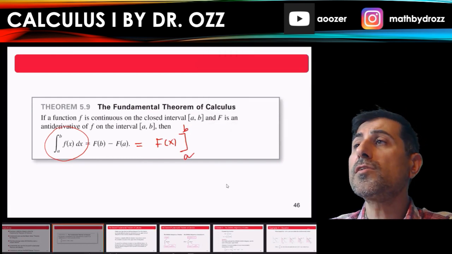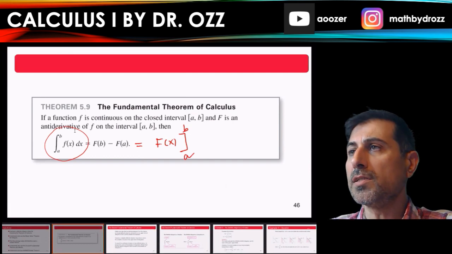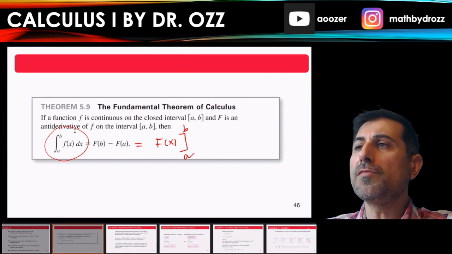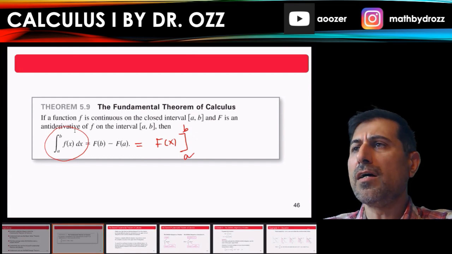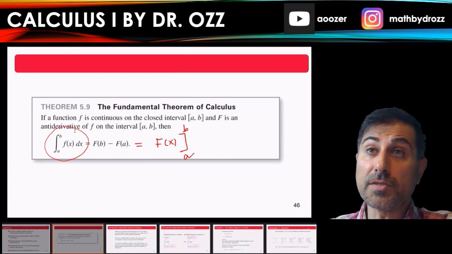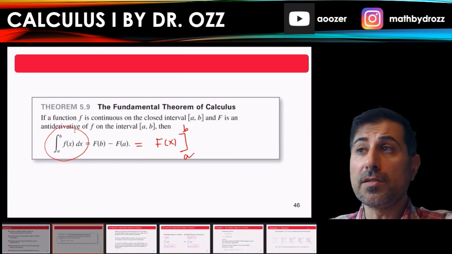Here we realize that the upper limit is always a constant, which is in fact b, and the variable of integration is x. However, we might work on a slightly different situation where x could be used as the upper limit of integration.